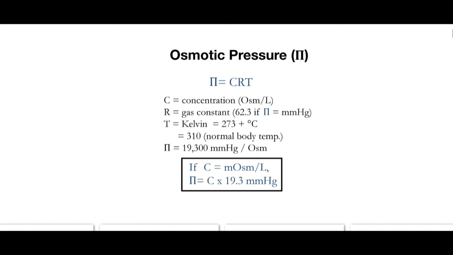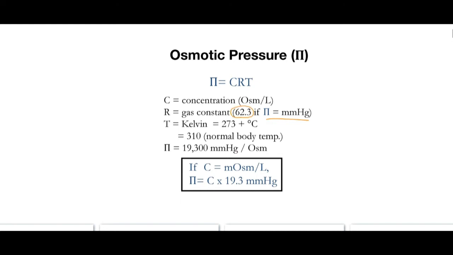Osmotic pressure is something that you can calculate based on the concentration, the universal gas constant, and your temperature in Kelvin. Now, if we're measuring the osmotic pressure in millimeters of mercury, then this is your value.